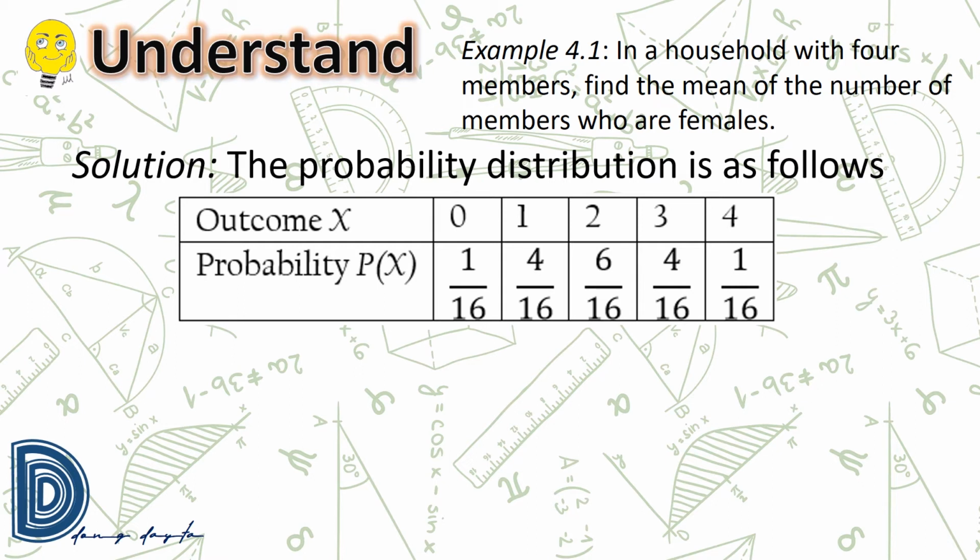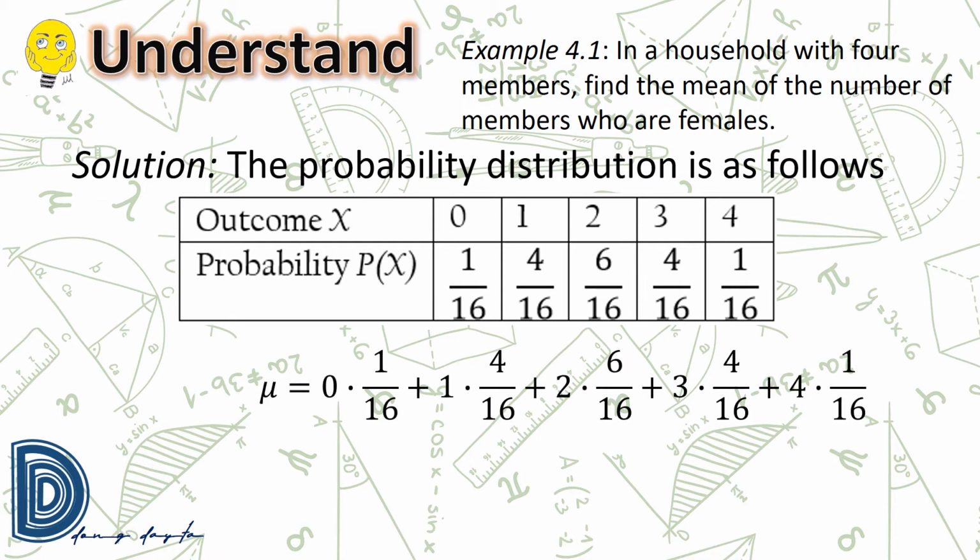Hence, the mean is equal to 0 times the corresponding probability, 1 over 16, plus 1 times 4 over 16, plus 2 times 6 over 16, plus 3 times 4 over 16, plus 4 times 1 over 16.